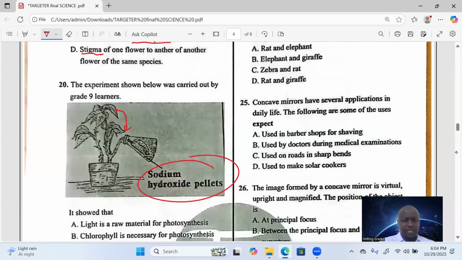Look at 23, ladies and gentlemen. Which one of the following is not a remote sensing platform? Remote sensing is the use of electromagnetic waves to collect information. We have satellites, ground-based cameras, drones, and ship.